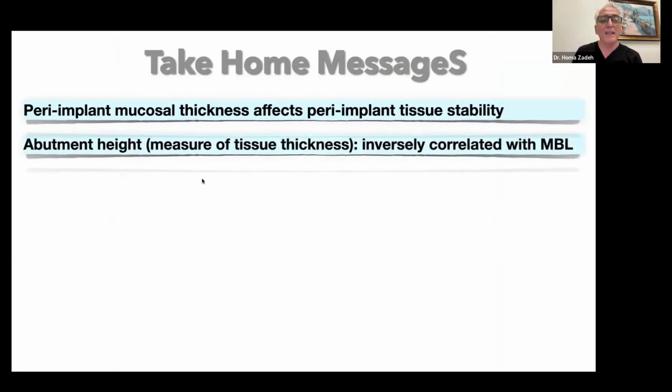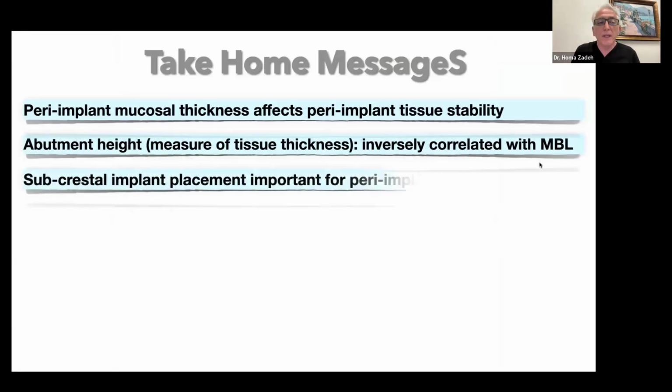The abutment height as a measure of tissue thickness is inversely correlated with marginal bone loss. So if you're using a short abutment, it's not a good idea because there's not enough room for the biological width to establish itself. But also, you want to place the implant subcrestally.